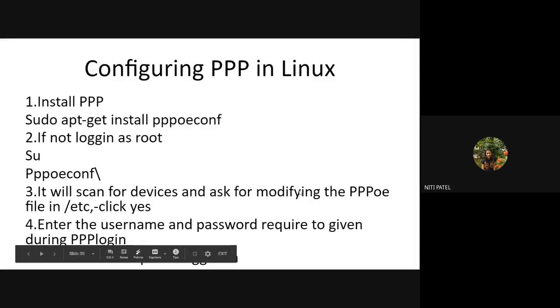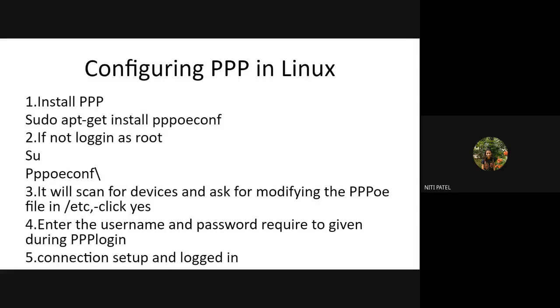It has modified all the required files which are to be changed in your etc folder. You simply have to open your browser. Once you open the browser, it will ask you for the username and the password which you have supplied here. If both of them match, it will allow you to access the internet. So this is what you have to do if it is a Linux operating system.